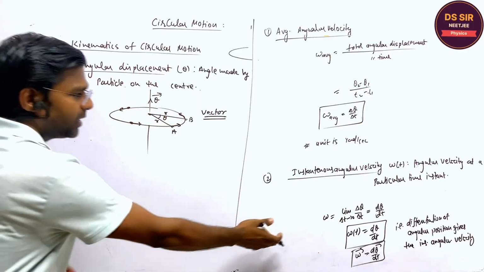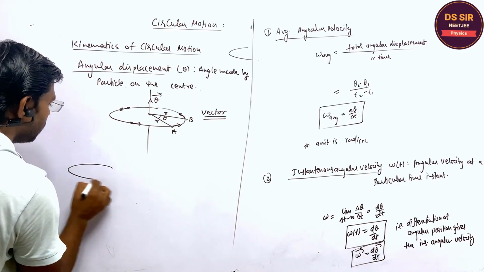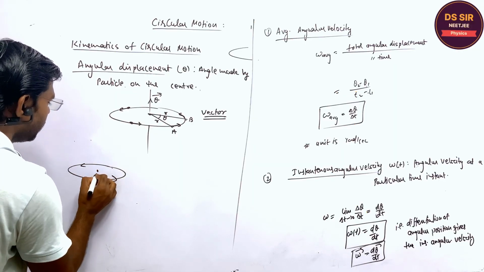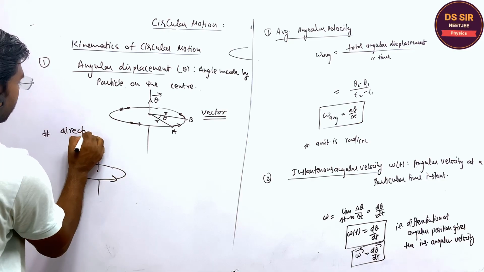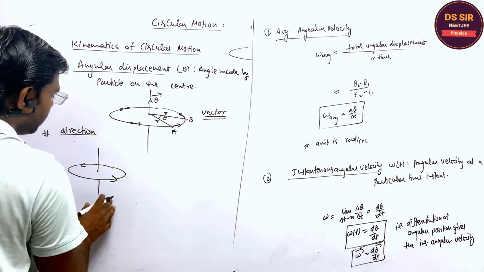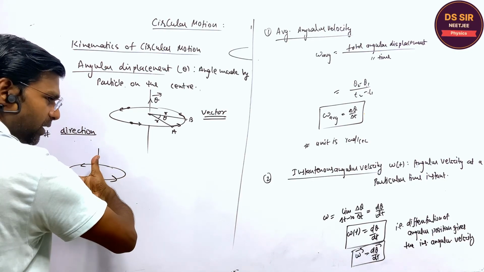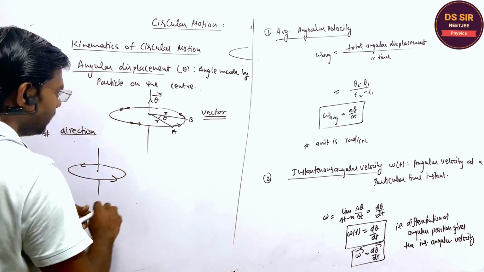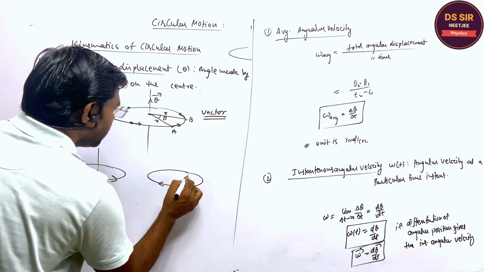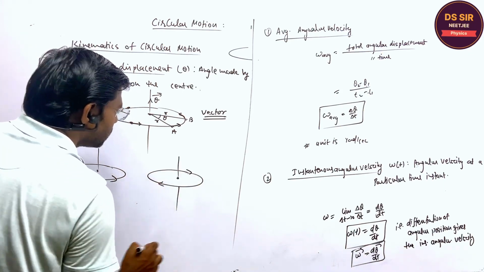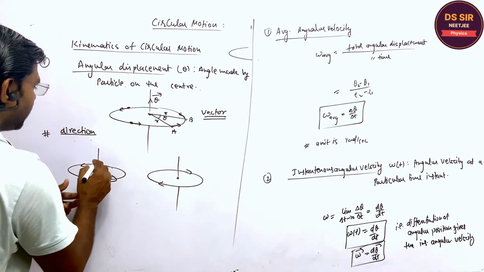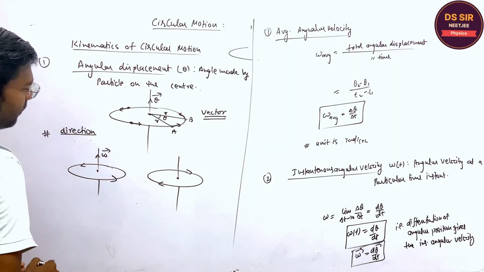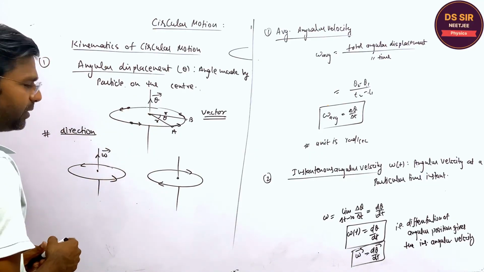You may write this down. If a particle is moving in this direction, or maybe moving in this way also, then using the right hand, the angular velocity and angular displacement are in the same direction.